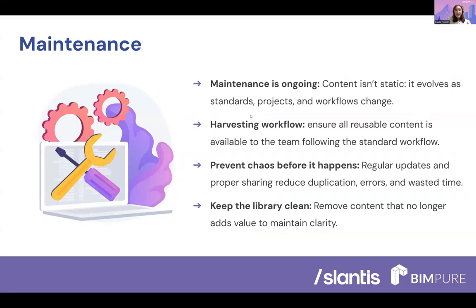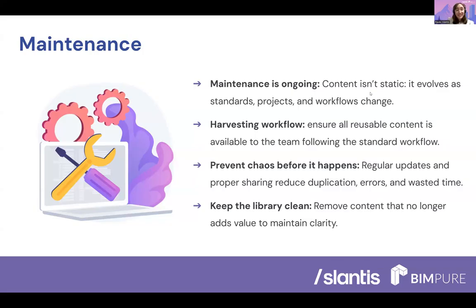Then we have maintenance. Maintenance is ongoing. This is a very important part, because a lot of times I have seen that a strategy is made and it's created, but then no one takes care of it. So the thing is there, we have a detailed family library, but it stays like that.